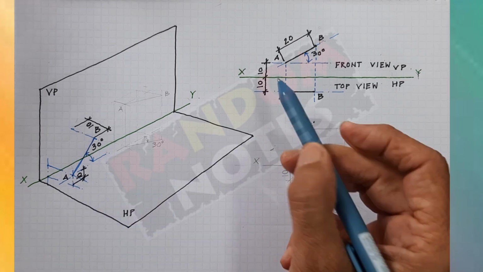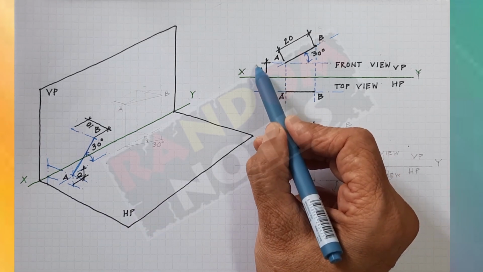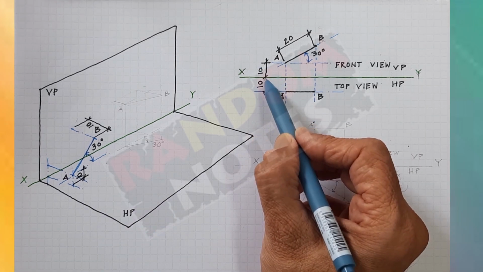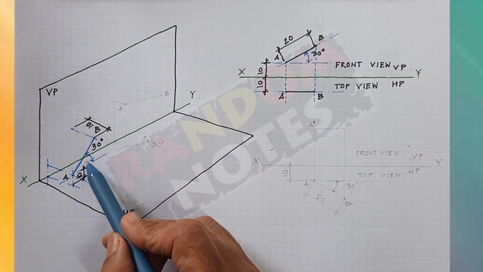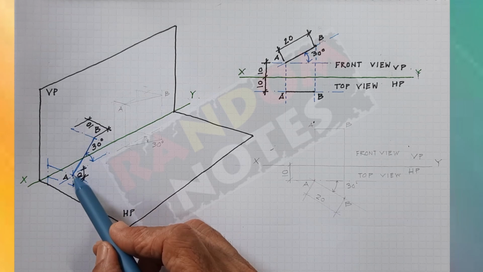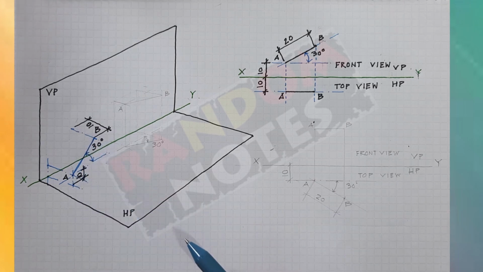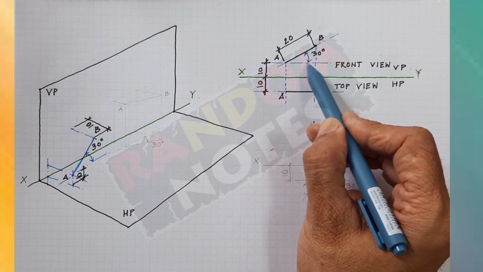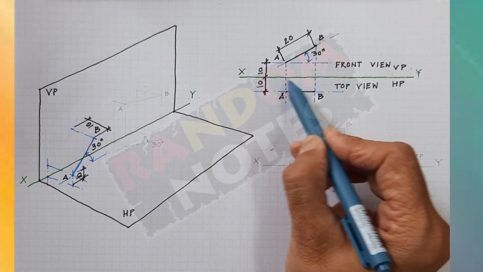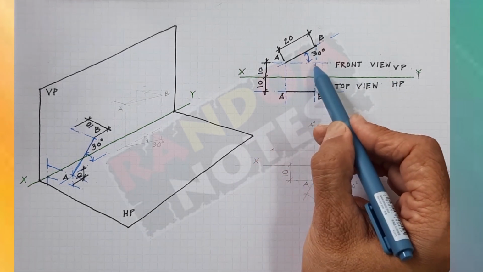What did I do? I first took a reference line in the vertical plane because the true length of the line is visible only in the front elevation. I took a reference line at a distance of 10 mm from the XY line. I drew this reference line.